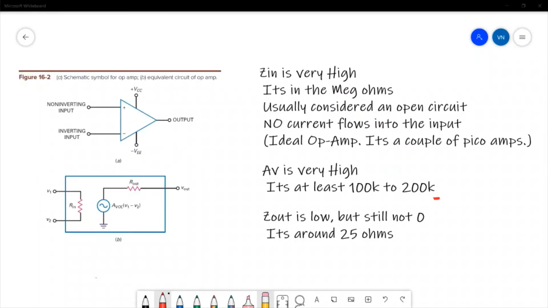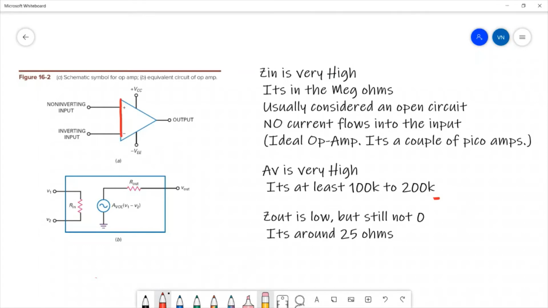Now, obviously, we're not going to draw all of those transistors every time we want to put an op-amp in a schematic. So there's a schematic symbol, which is a triangle, which is kind of the simplified version of describing an op-amp. So every time you see this triangle, you can assume that there's a diff amp and some CE amps and the push-pull amplifier inside.